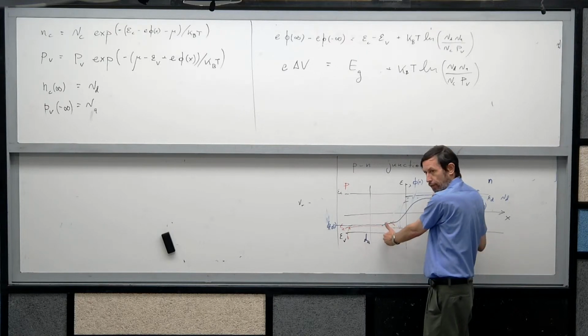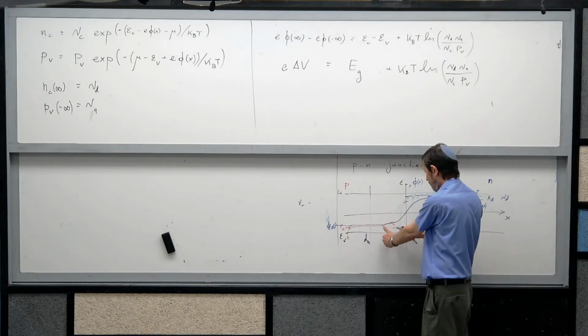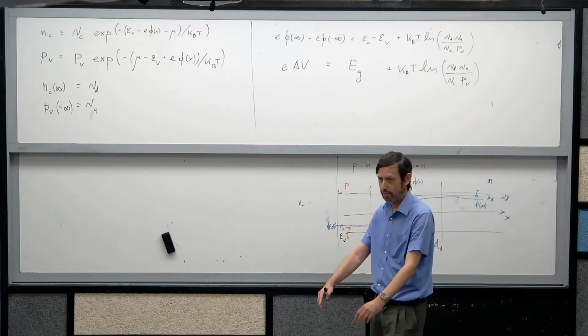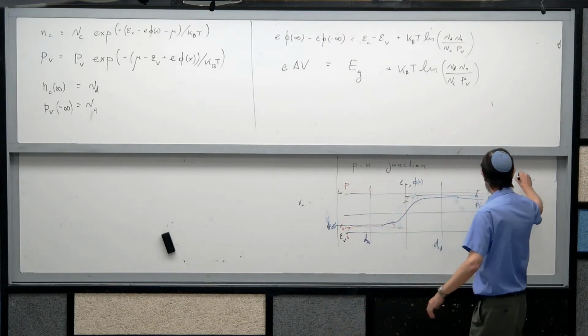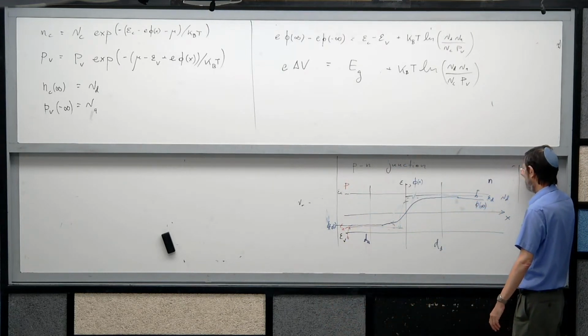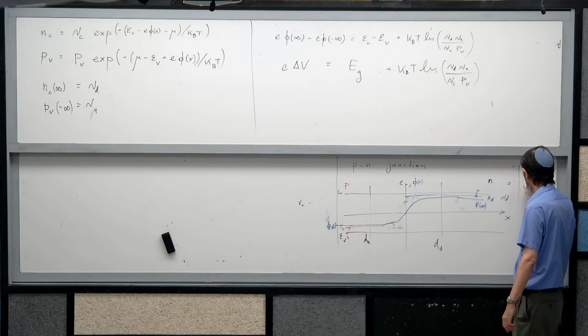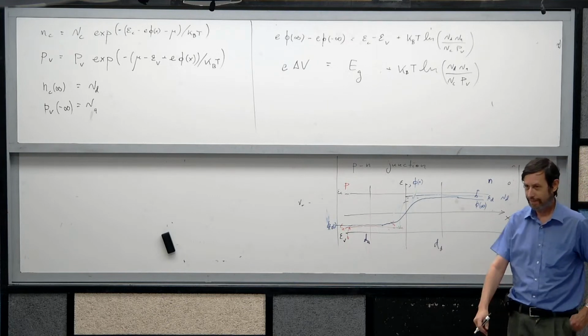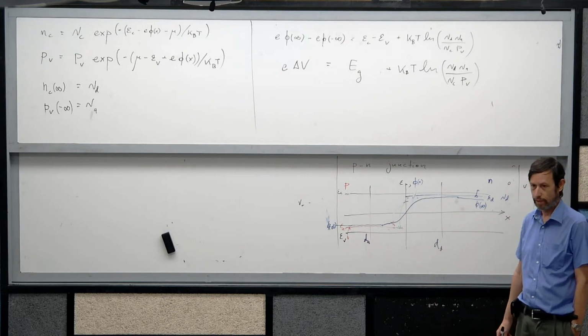Here you have negative, here you have positive. Phi changes only in between them, but not outside this region. Here you have V and here V. It doesn't change anywhere else.